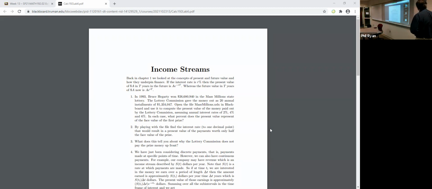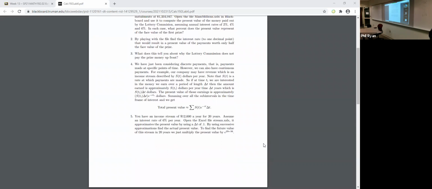It can make substantial savings by doing it this way. So that answers 1 through 3.